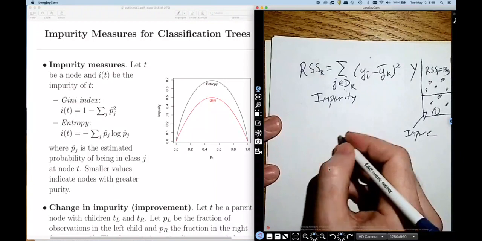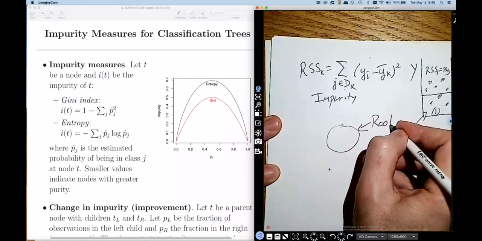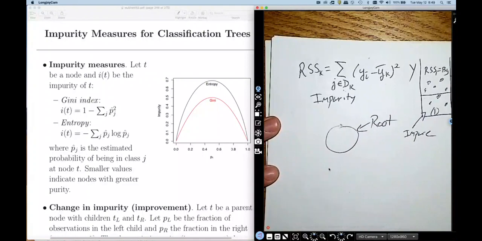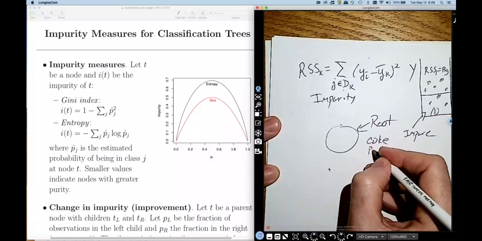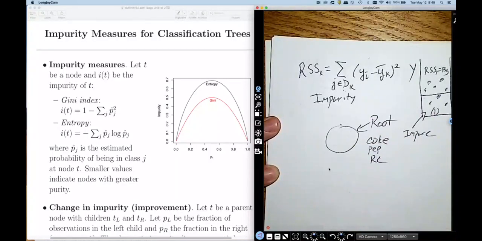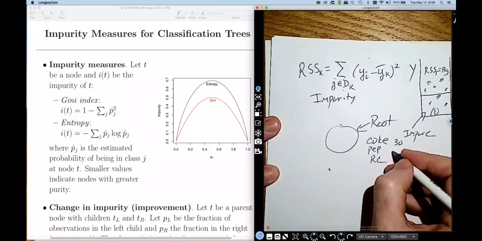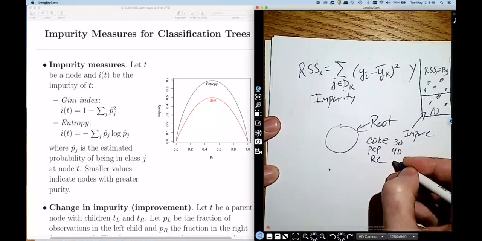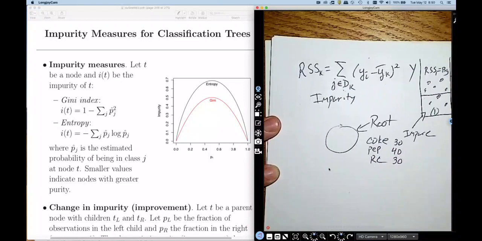Let's say I have a root node, and we'll carry on with my little example of Coke, Pepsi, and RC. Let's say I have 30 people who like Coke, 40 people who like Pepsi, and 30 people who like RC.